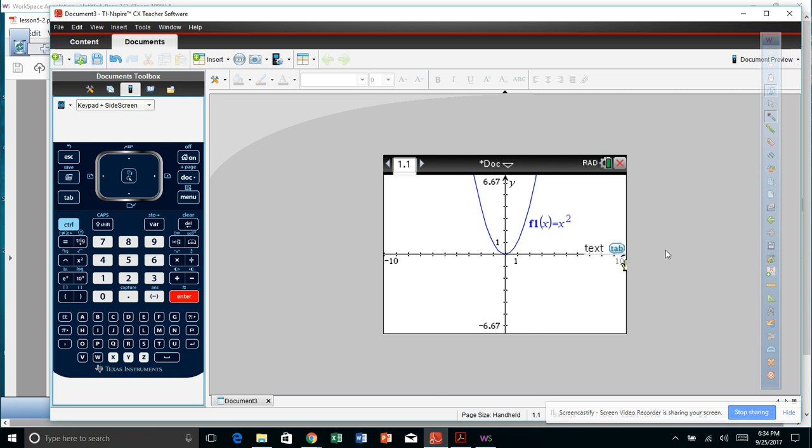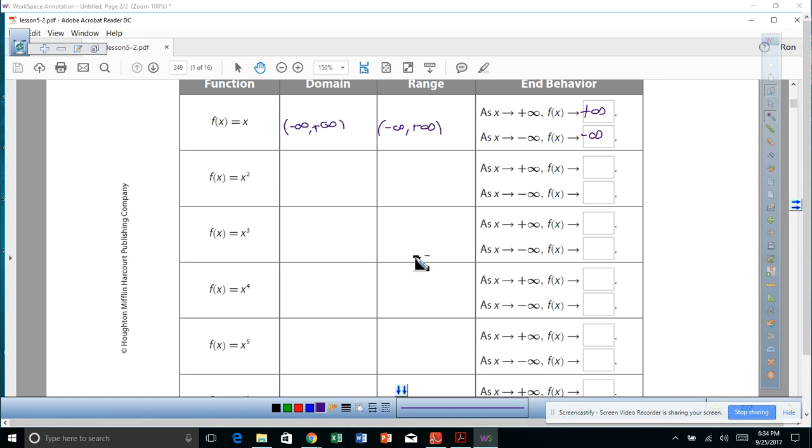So eventually it'll get out here to positive infinity, but it's going to get up here to positive infinity a lot faster. So we're going to say the domain is going to be negative infinity, and I was just doing the end behavior on it. Let's go back here.